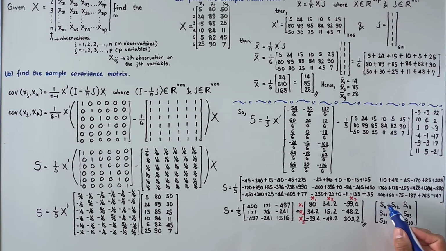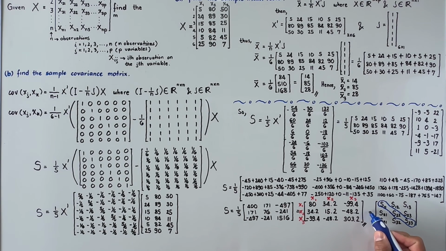And you notice that the main diagonal of the sample covariance matrix are the covariances between the variable and itself. So you can see here that the subscripts are the same. So we have S11, S22, S33. So these are covariances of variables and itself. And the covariance of any variable in itself is the variance of the variable.